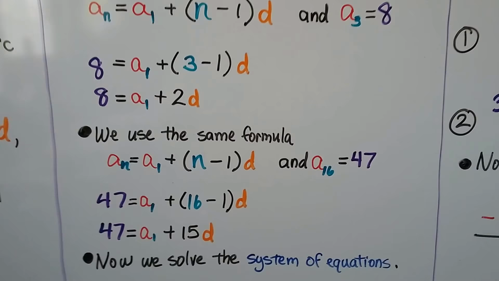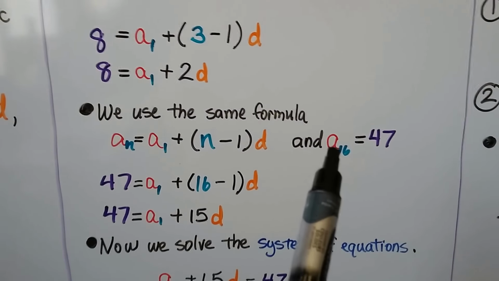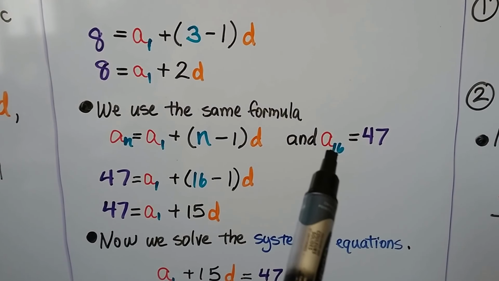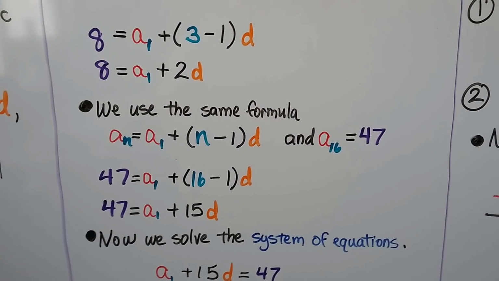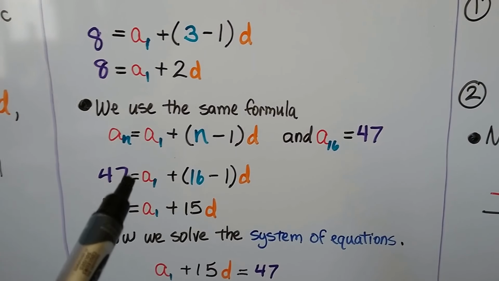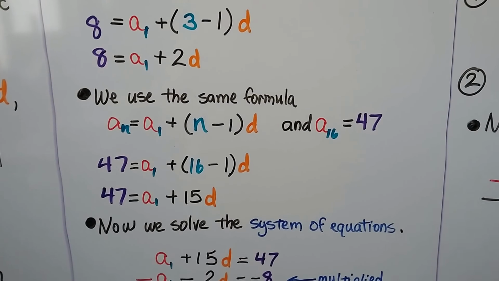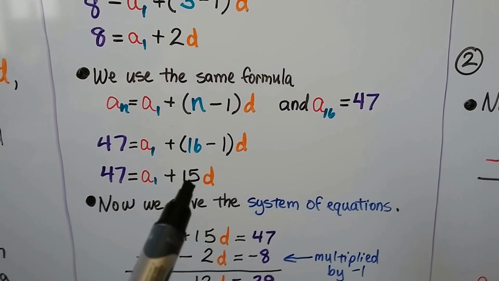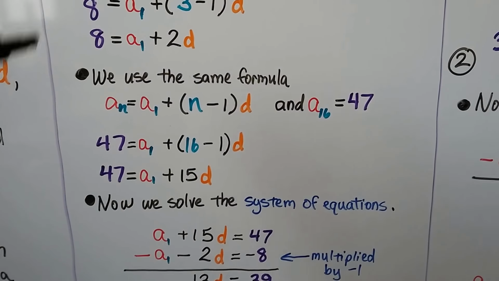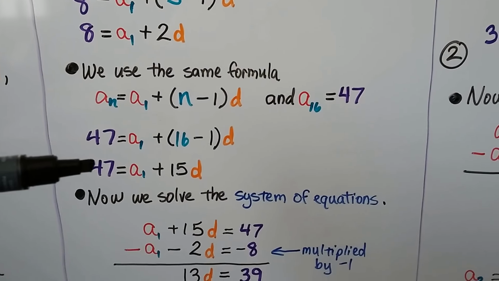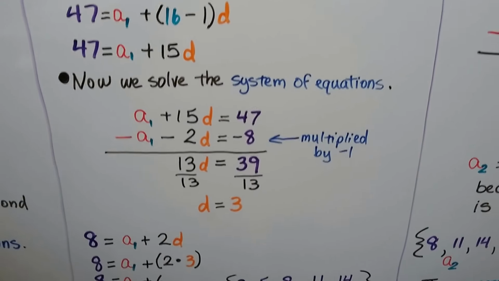We use the same formula, but now we're going to use it with the 16th term that equals 47. So we have 47 equals a sub 1 plus, it's the 16th term, so we have 16 minus 1 times d. That means 15d, doesn't it? So now we have this equation and this equation, and we solve the system of equations.